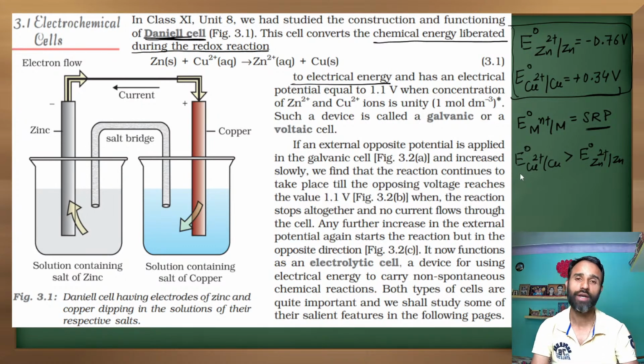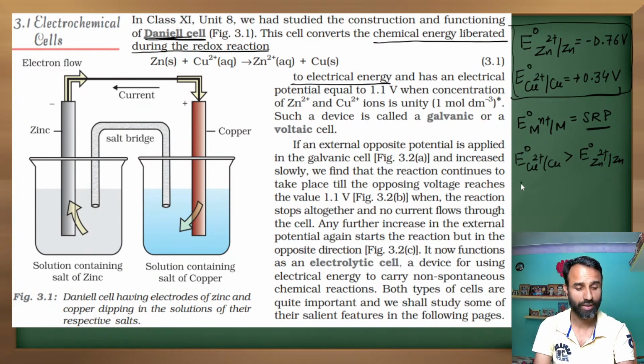The one where reduction takes place acts as the cathode. So obviously the one which has the higher reduction potential, at that electrode reduction takes place. Obviously at copper reduction takes place, and at zinc oxidation takes place.